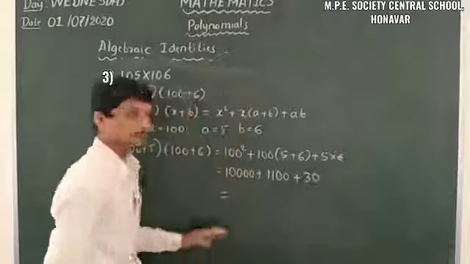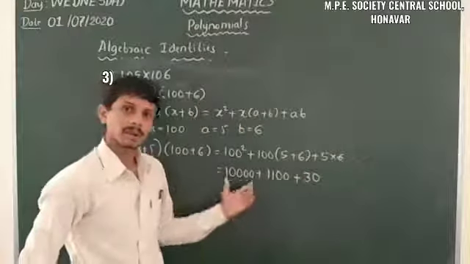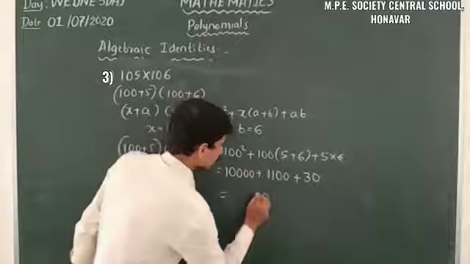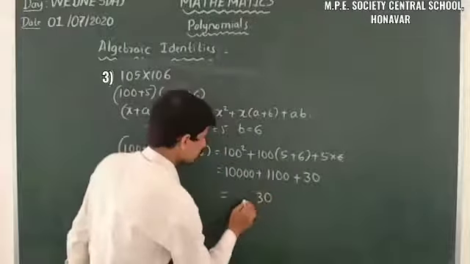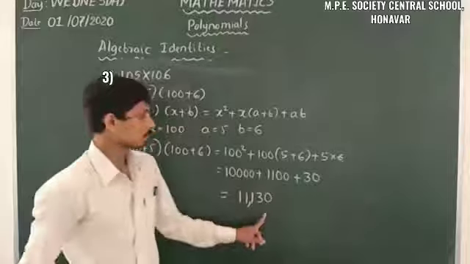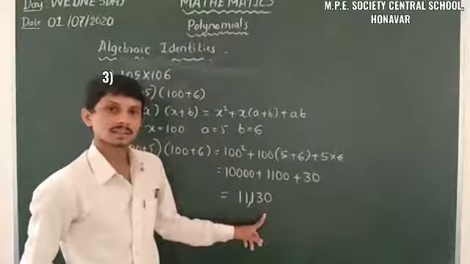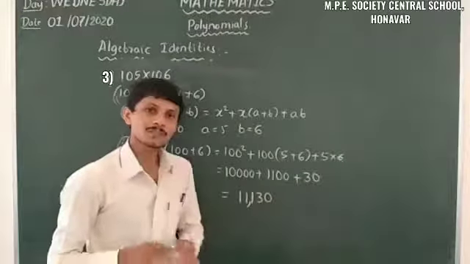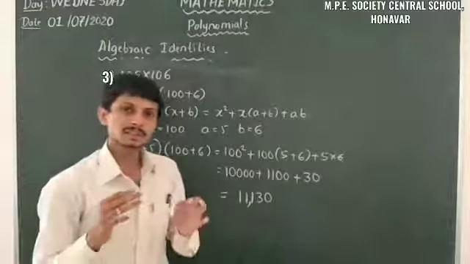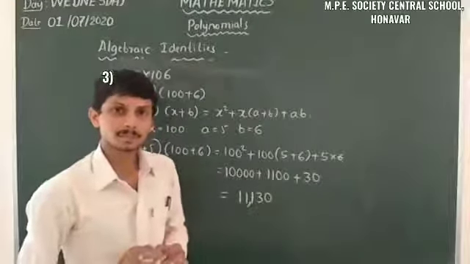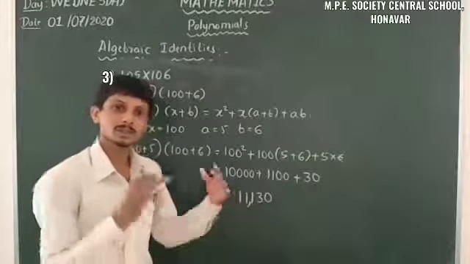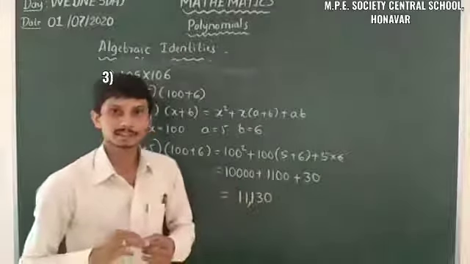After that we have to simplify and add these terms. So 11,130 is the answer. To multiply 105 and 106 directly would take many steps, but here we solved it very easily using algebraic identities.